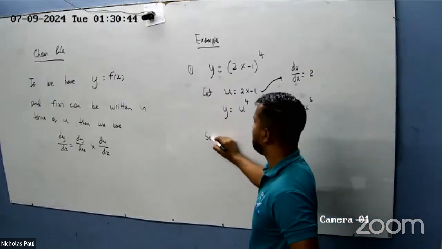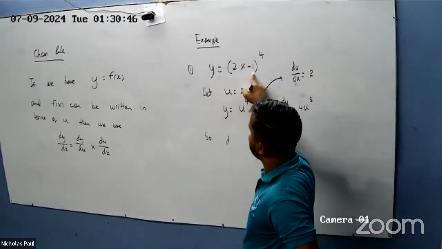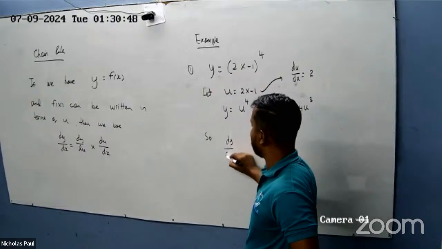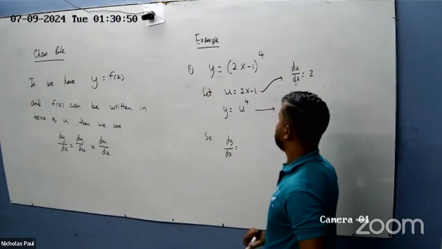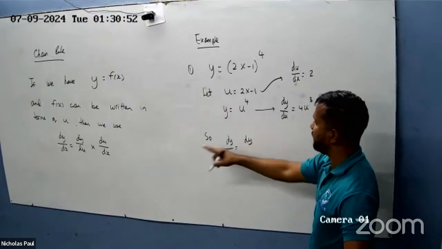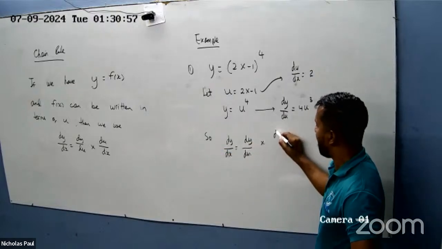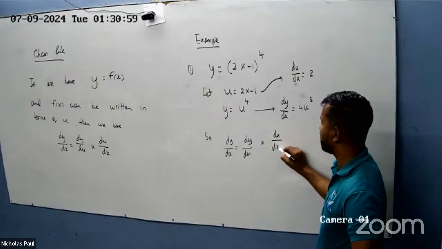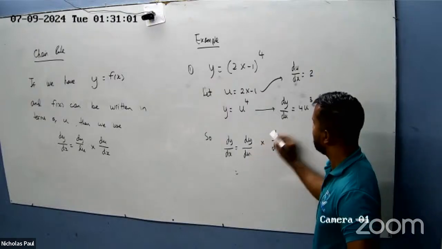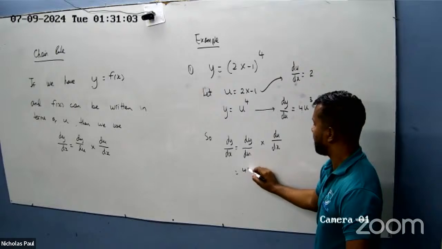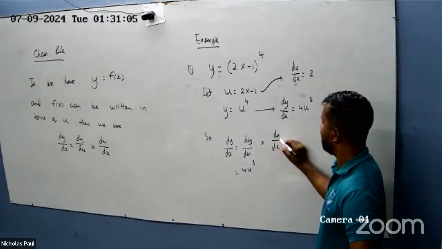Now remember, our objective really is to find dy/dx. dy/dx is equal to, using the formula there, dy/du multiplied by du/dx. dy/du is 4u cubed, and du/dx is 2.